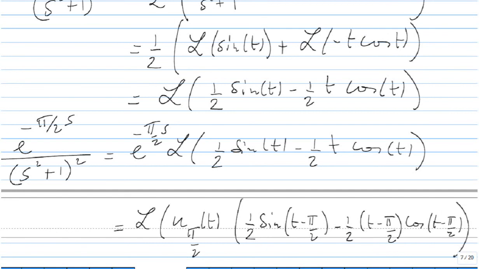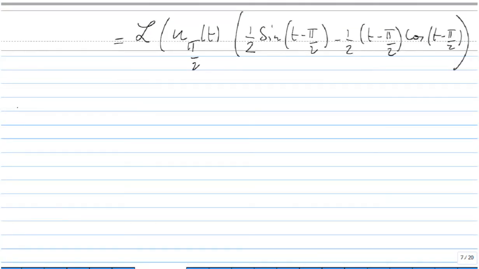So the solution is y of t equal to the first part, which was cosine of t minus sine of t. That was this one. Let's go back to it.